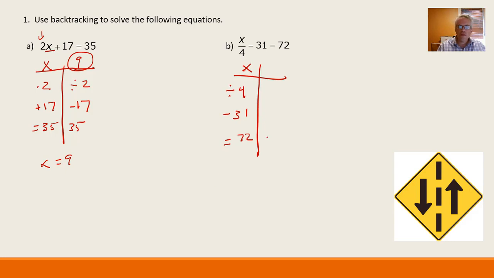So we're going to start with 72 and undo the steps. We undo subtracting 31 by adding 31. And then we undo dividing by 4 by multiplying by 4. And we should be back with what we started with. So if you do that one step at a time, 72 plus 31 times 4, you get 412.